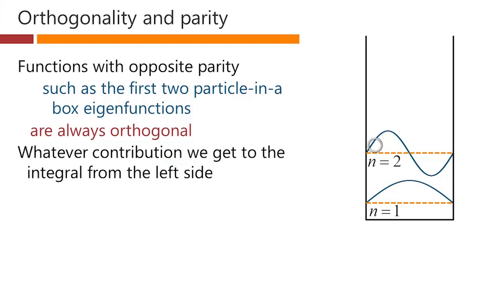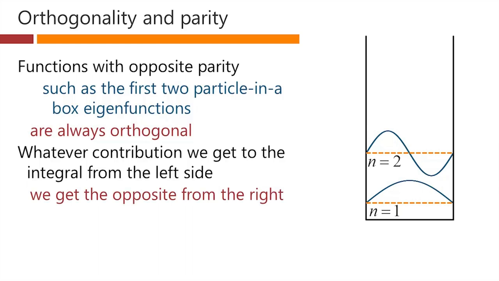Whatever contribution we get to the integral from multiplying this by this and adding it up, and this by this, and this by this, is always cancelled out by the corresponding products, this times this plus this times this, and so on the right-hand side. Everything cancels out if we perform this integration here.